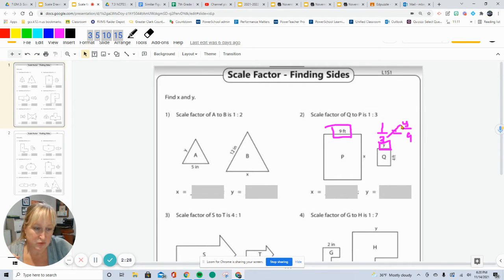So I'm going to cross multiply. 3 times y equals 9 times 1, which is 9. 3y equals 9. I'm going to move this 3 over with division, so I divide it by 3. y then equals 3, and in this case it's feet. So y equals 3 feet.